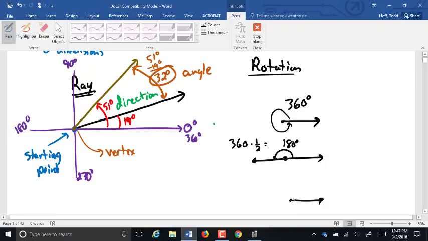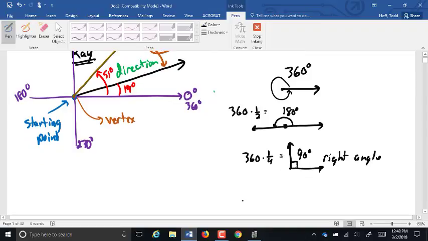If I am facing one direction and I turn so that I'm facing exactly to the left of where I'd been before, how far have I turned? 90 degrees. And again, that was found as a quarter of a full turn, right? 1/4 of 360. Of course, we also know that is referred to as a right angle. That little box in the corner indicates that it's a square corner, a right angle.